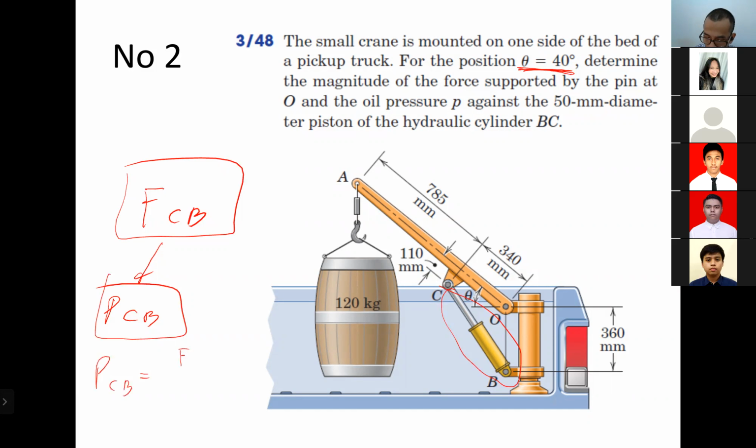It's quite simple: FCB divided by the cross-section area. How can you get the cross-section area? This one, the 50 millimeter diameter piston. So the area is pi multiplied by the diameter squared divided by 4, right? You get it? Yes, sir.